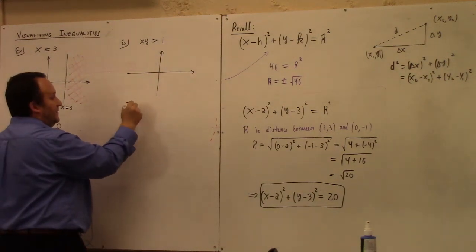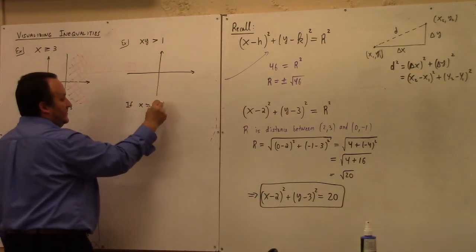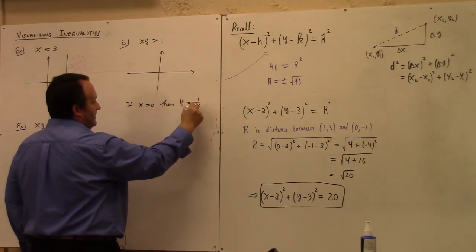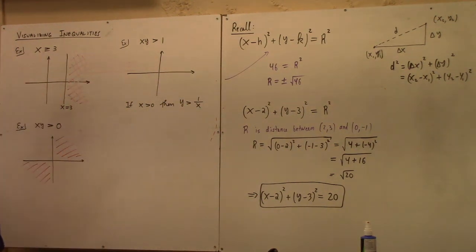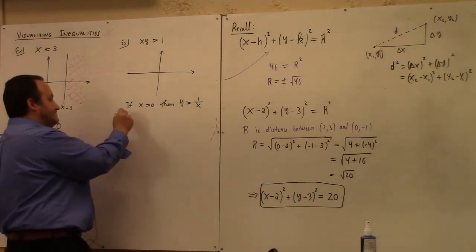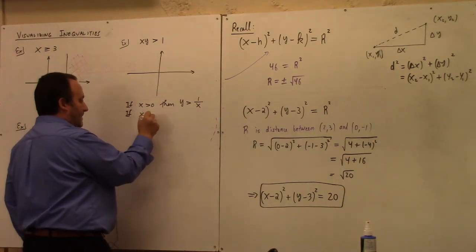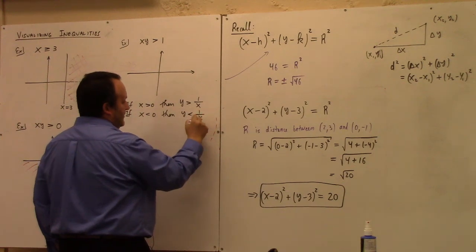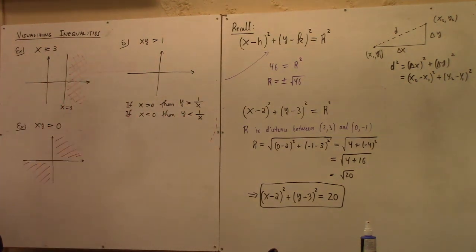If x is greater than 0, then y is greater than 1 over x, because when we divide x to the other side, it doesn't flip the inequality. Excuse me. What if x is less than 0, though? y is less than 1 over x, yeah. There's no minus in the inequality.